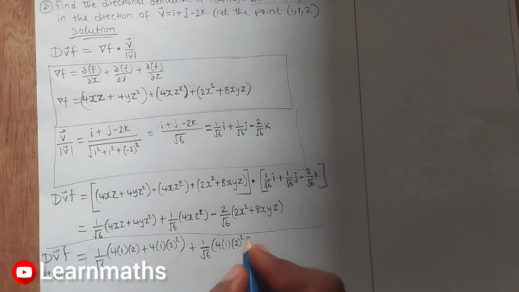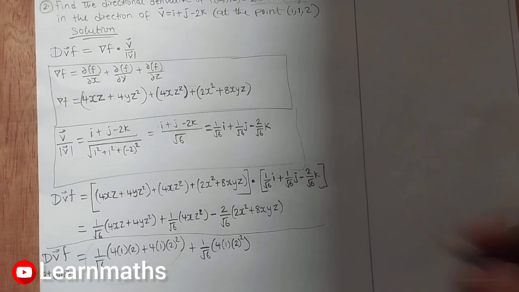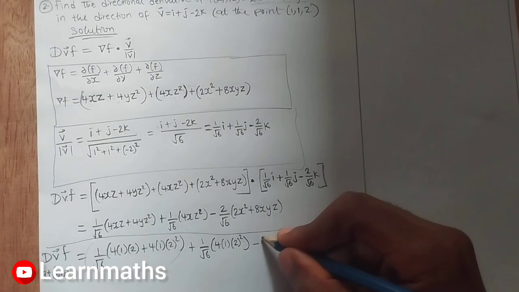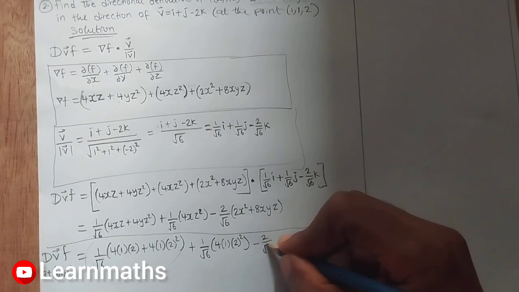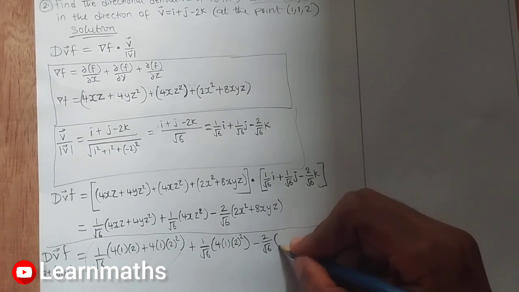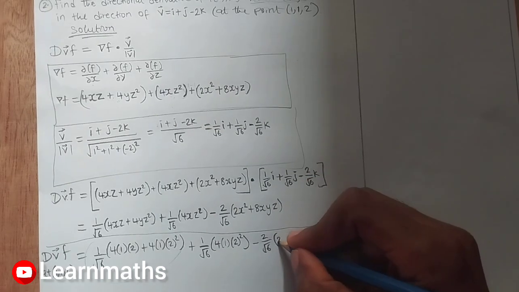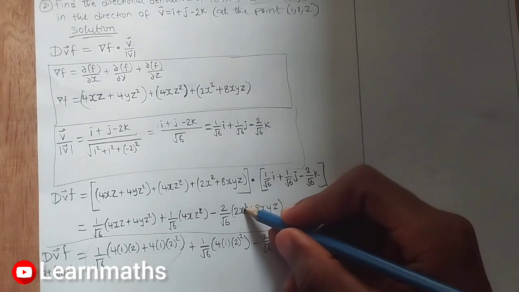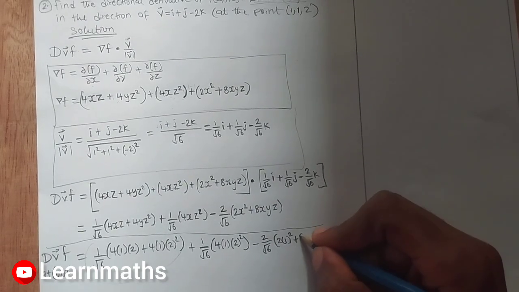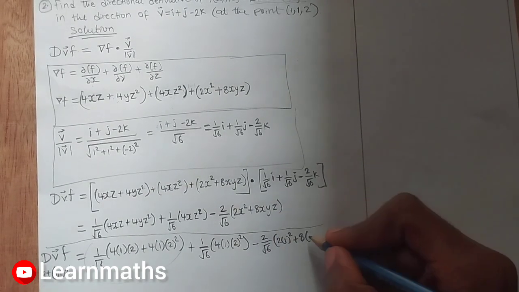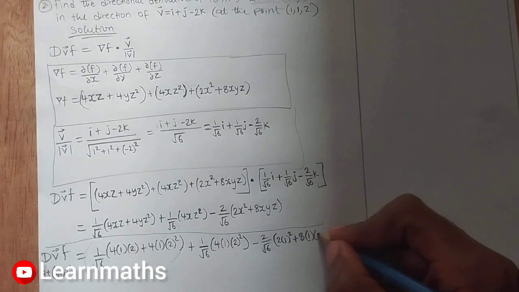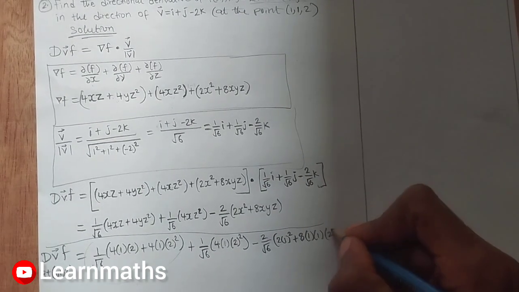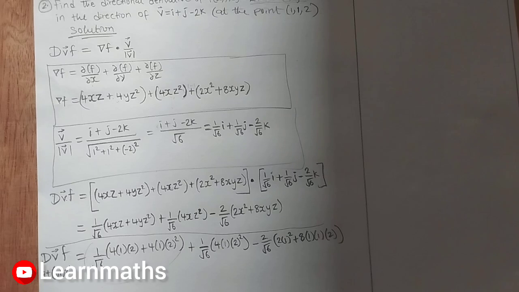Finally, we're going to have negative 2 over the square root of 6, and this is 2, x happens to be 1, 1 squared, that's going to be 1, plus 8. What's x? 1. What's y? 1. What's z? 2. You understand, right? So just use your calculator and punch in the needful, get your final answer.